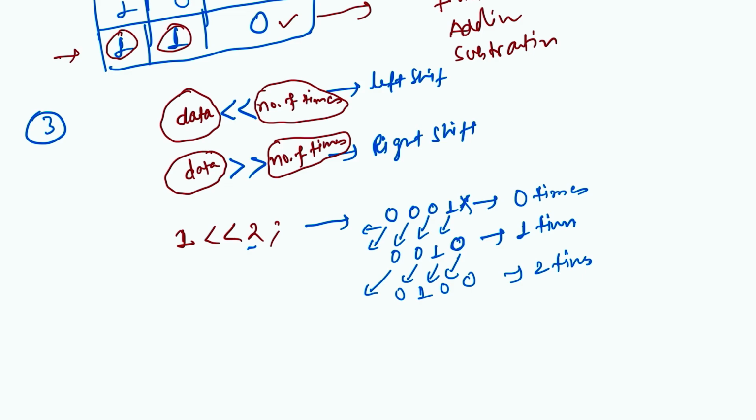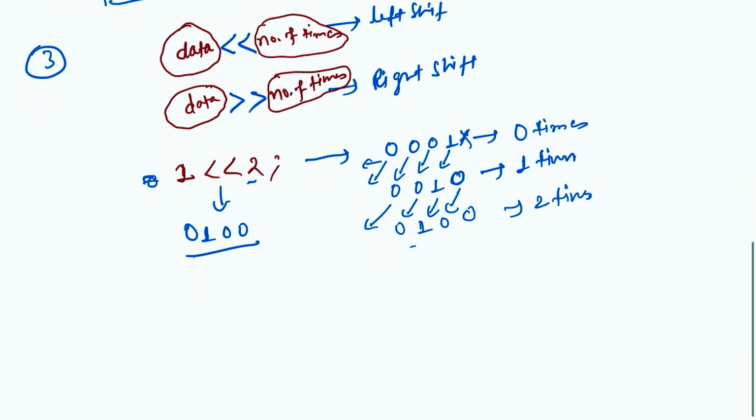This is the concept. So when we do left shift of 1 by 2 times, the final number will be 0 1 0 0.